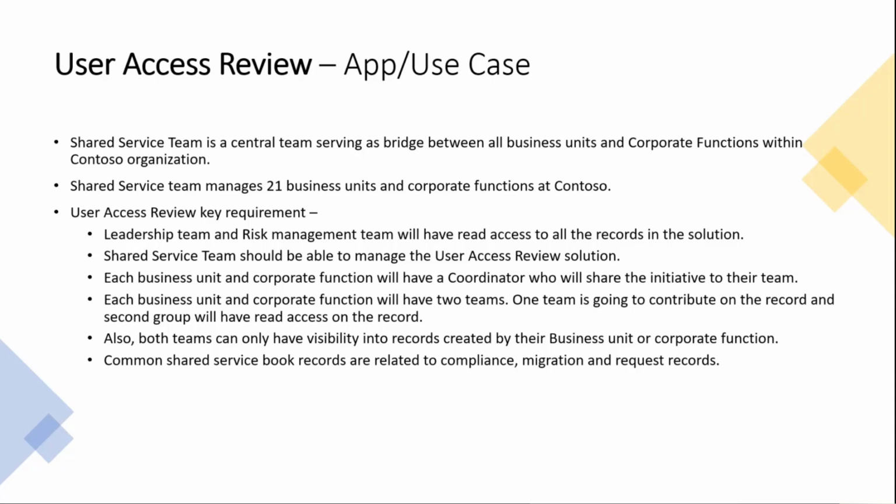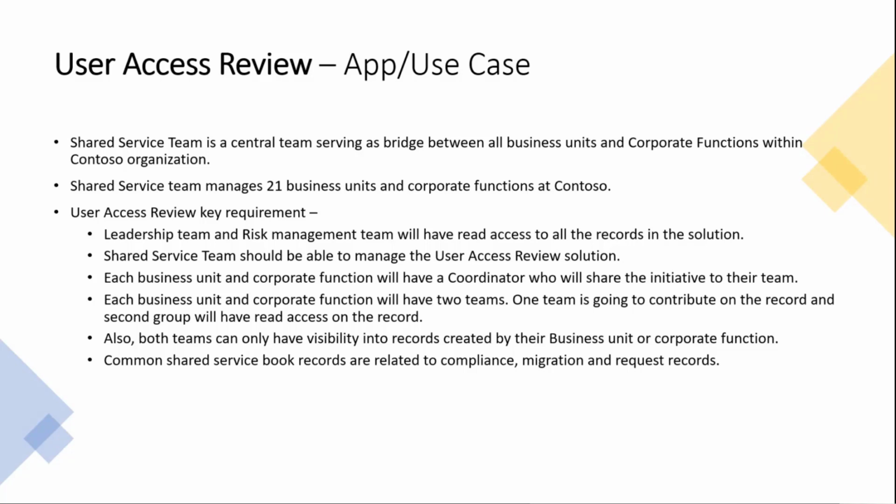It wants to partition so that access is only from the 21 business units. If the user is in the shared services team, they should have access to all the records. If the user is in a particular business unit or corporate function, then the record should only be visible to that team. So record partition and isolation was all required, right?